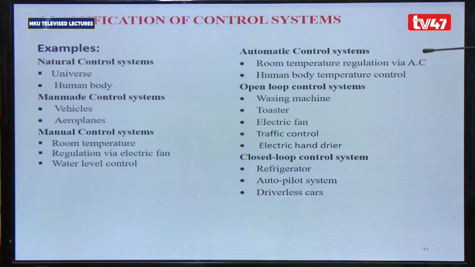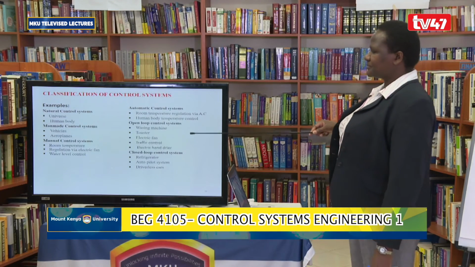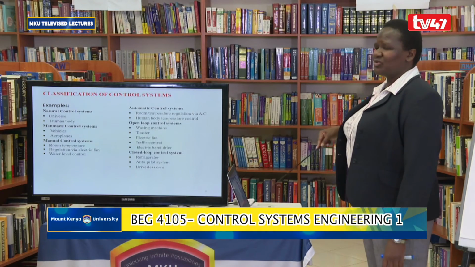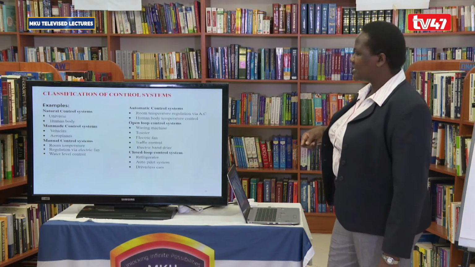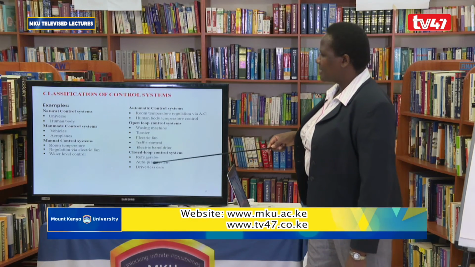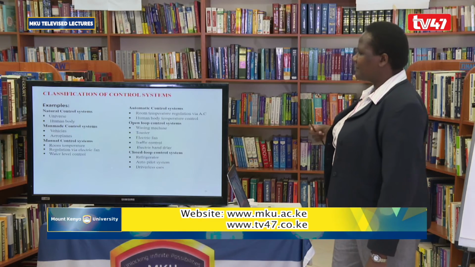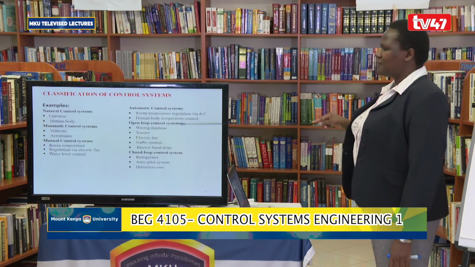But via AC, you set the temperature, and when it reaches there, it cuts off. Then we have the human body temperature control. When it is hot, you start sweating and all that. That is an automatic control. When you start sweating, maybe you had put on some heavy clothing, so the sweating will tell you to remove it or not.